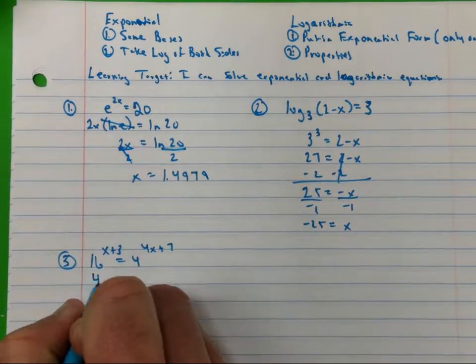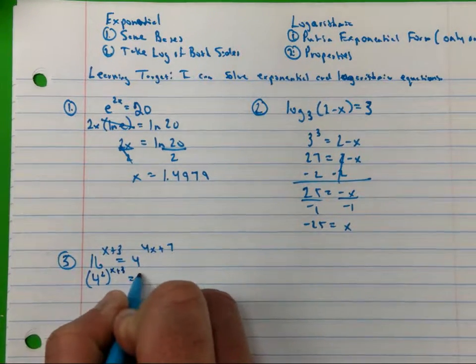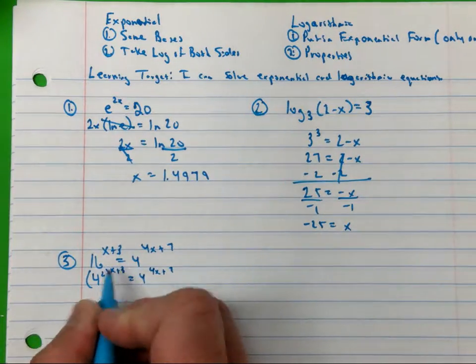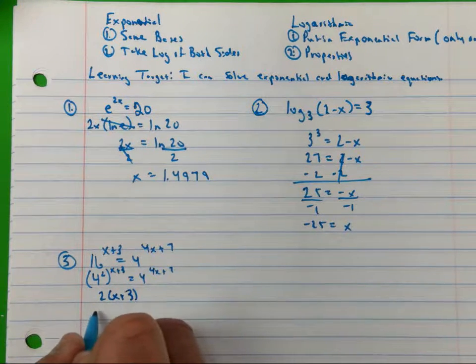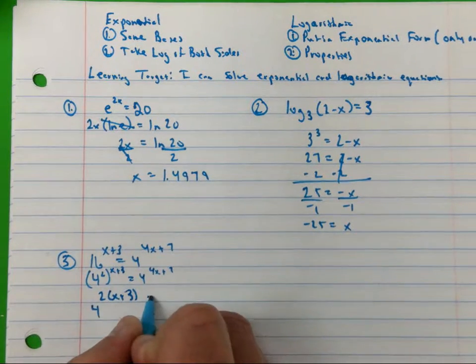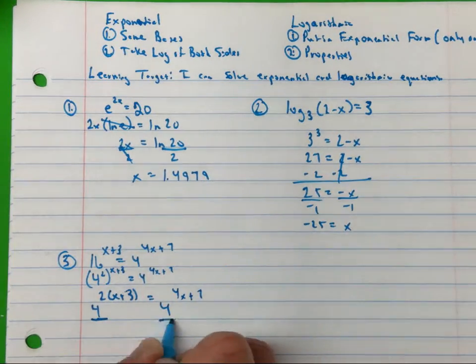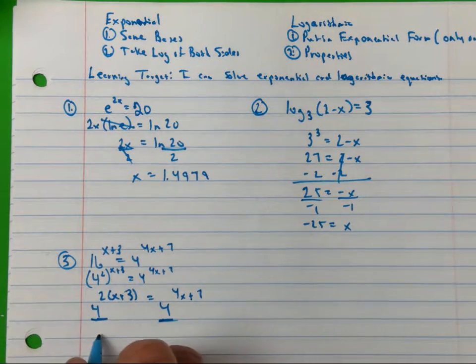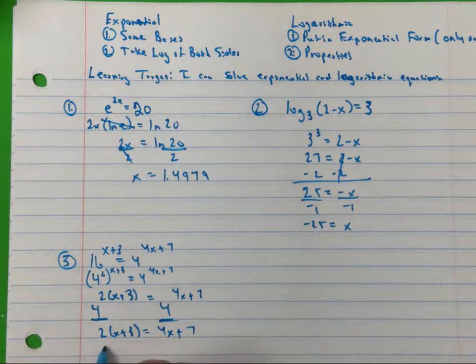So I'm going to write this as 4 squared, because 4 squared is 16. That's power to power, so you're going to multiply it 2 times x plus 3. Now that I have these bases the same, I can typically ignore those and just say 2 times x plus 3 equals 4x plus 7.